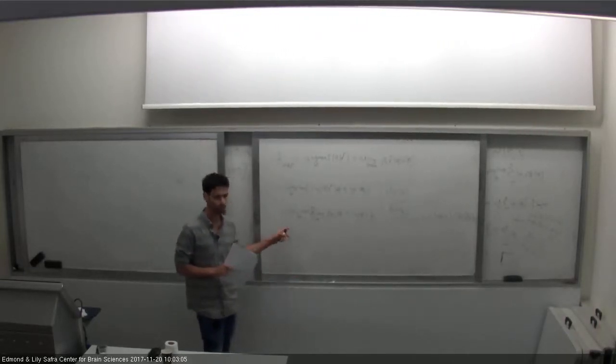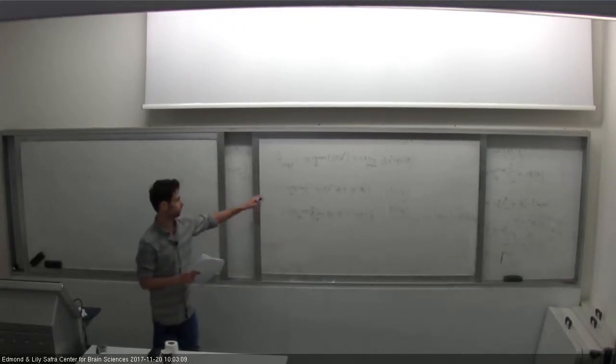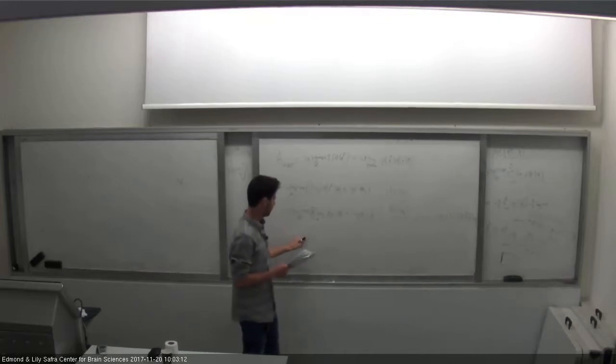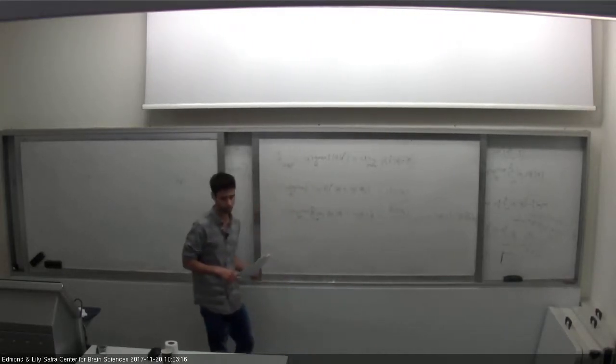Okay. So in the previous hour we saw that we can write the maximum posterior as the maximum likelihood plus the prior.